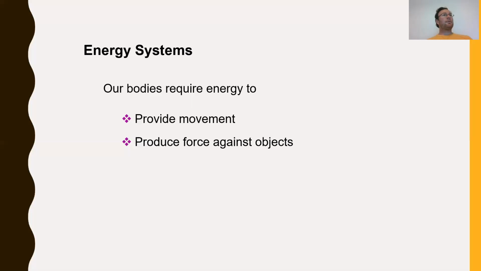Some cells will package proteins up and pass them into the body. Some cells will do filtering and digestion, and they require energy. So our body uses energy in lots of ways, but what it uses as energy is pretty universal. It's the same thing.